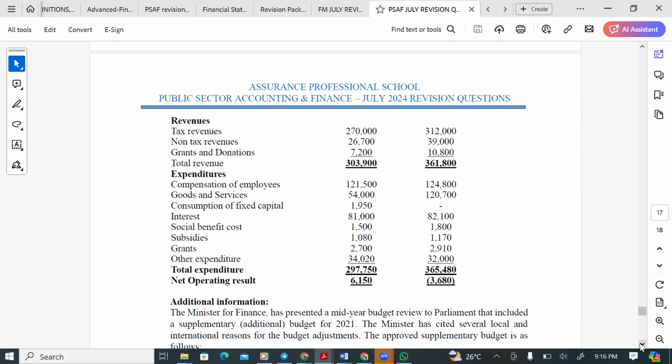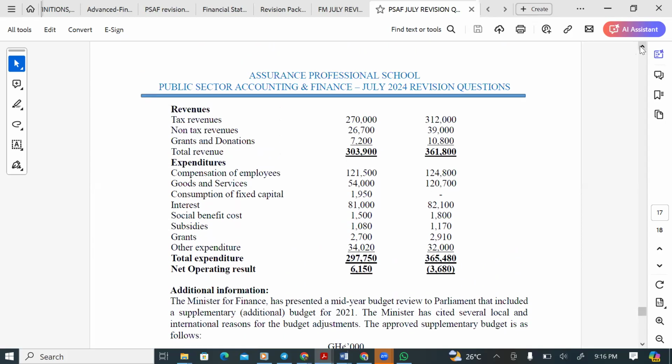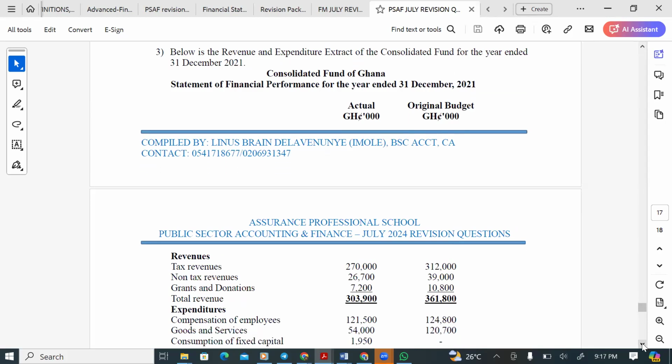Compensation for employees has increased by 11,500. The original figure was 124,800, and they have now added a supplementary amount to it.